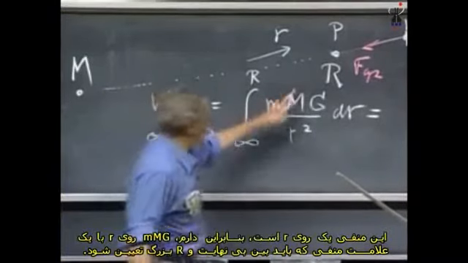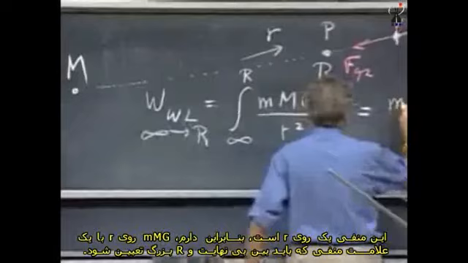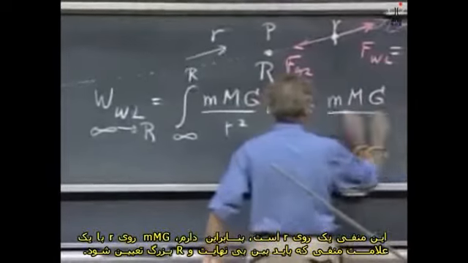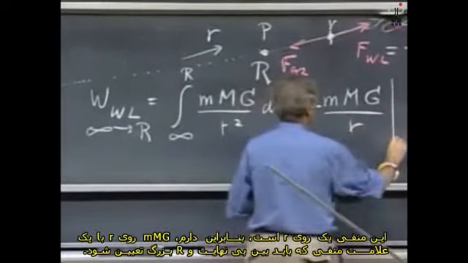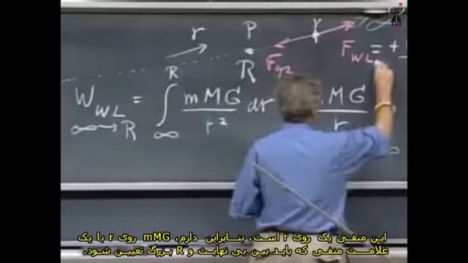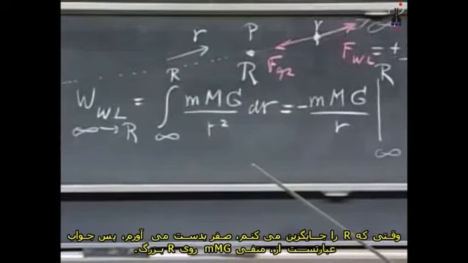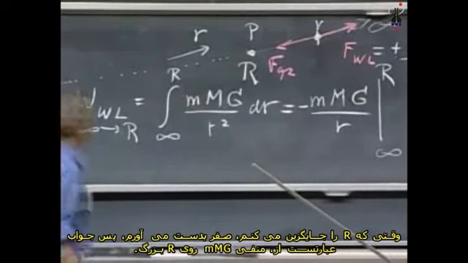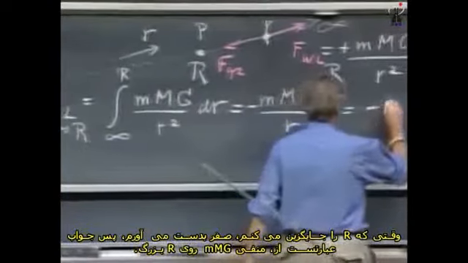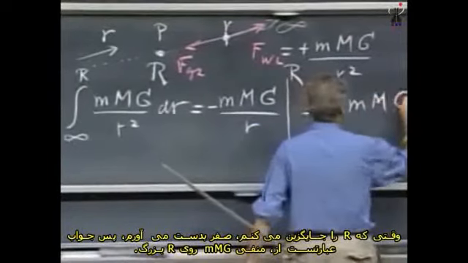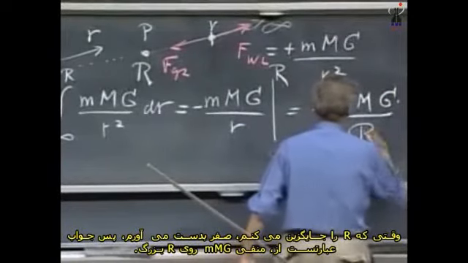This is minus 1 over R, so I get minus mg over R, and that has to be evaluated between infinity and capital R. When I substitute for R infinity, I get a 0, and so the answer is minus mg over capital R.